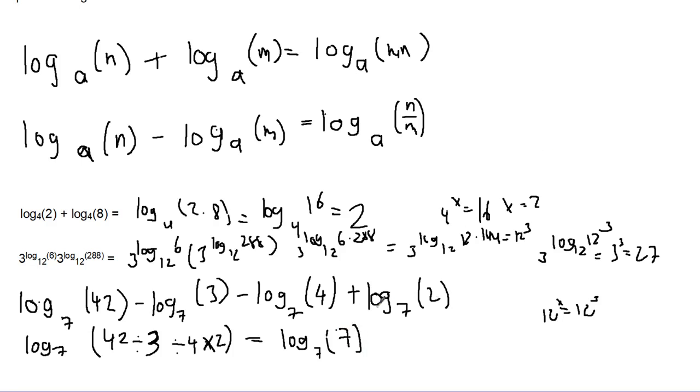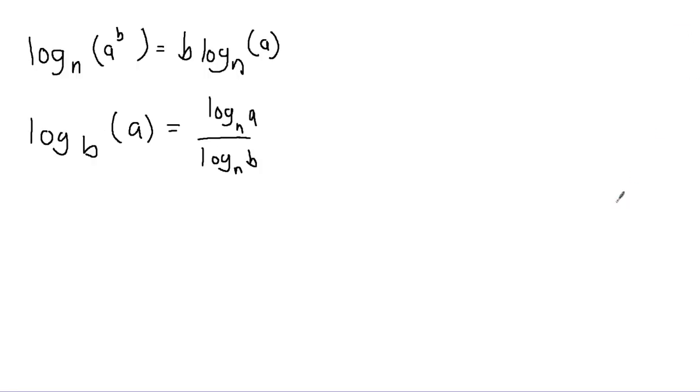We've already established that log base anything of the same number as the base is 1. I don't even know if you understand what I'm saying, but log base 7 of 7 is 1 because the answer is the same number as the base. That whole expression is just equal to 1.